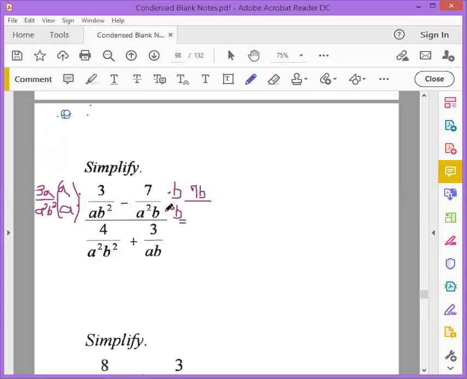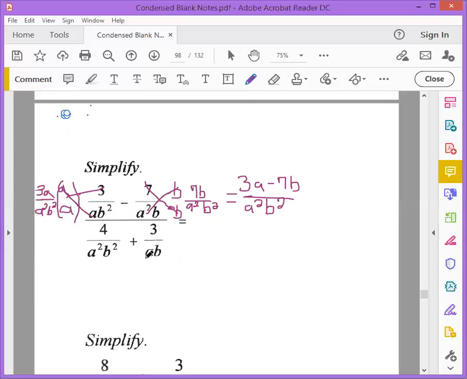And in the denominator, a squared times b squared. So a squared b squared. We have our common denominator here, so we will keep that denominator. Now these fractions have been adjusted. So we have 3a minus 7b, that factor in the numerator, 3a minus 7b. In the denominator, we're going to keep the same, a squared b squared.